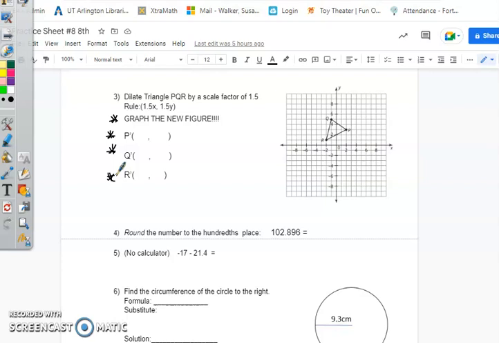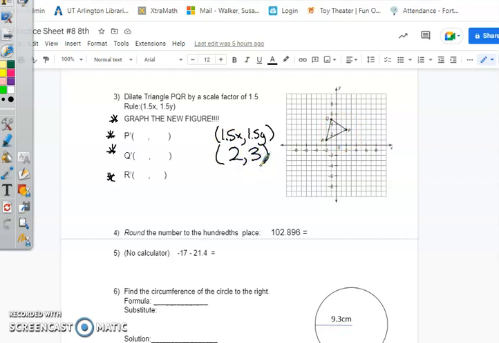So for each one of these, we are going to find the original point, and then we will multiply. Okay, so I'm just going to put it here so I know. 1.5x, 1.5y. Okay, so the value of P is 2 and 3. 2 over 3 up.